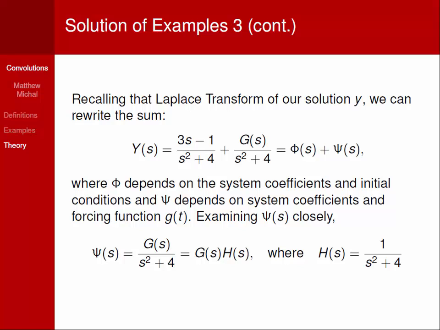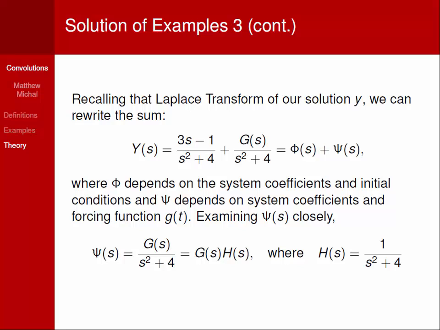And this allows us to really take a look at my H(s). We'll be taking a close look at that because H(s) is just 1 over s squared plus 4, right?